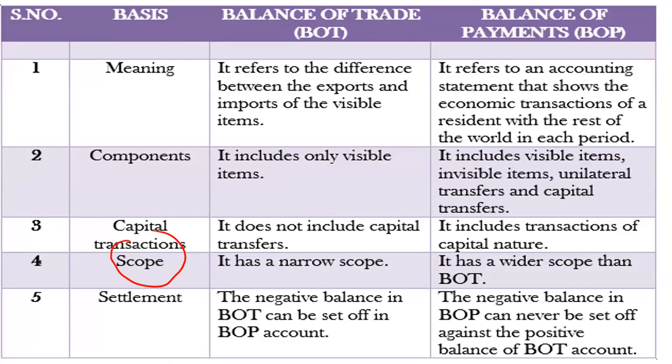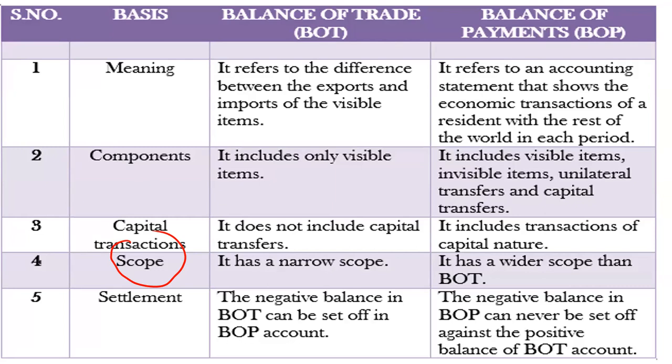Then we were at the last point, the settlement. The negative balance of trade can be settled in the BOP account. But the negative balance in the BOP can never be set off against the positive balance of trade. If the BOP gets negative, you can't settle it by using the BOT balance.